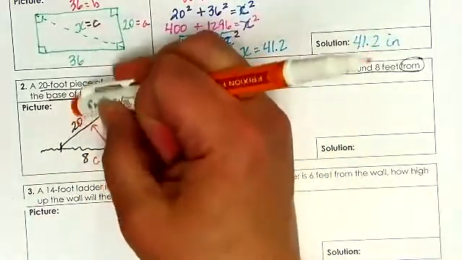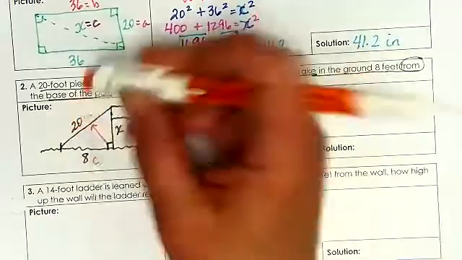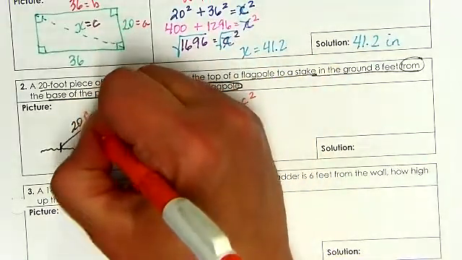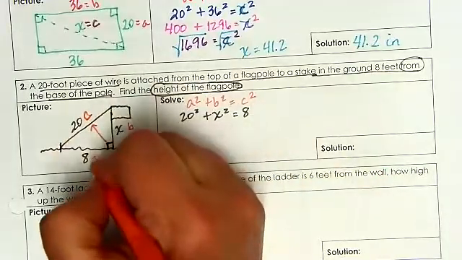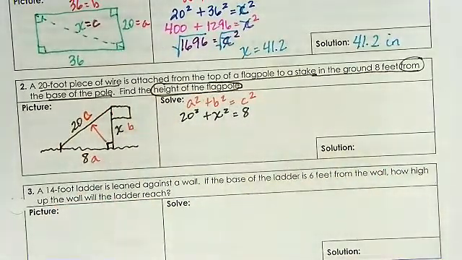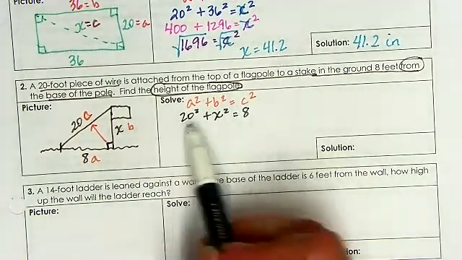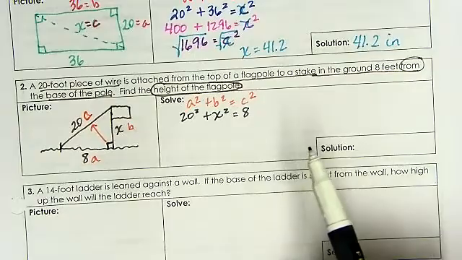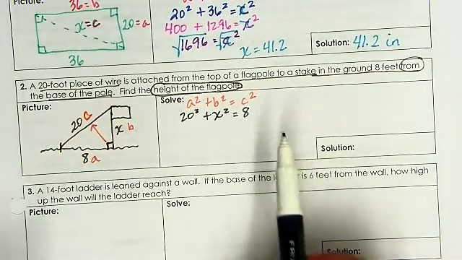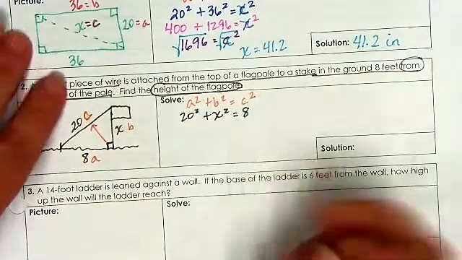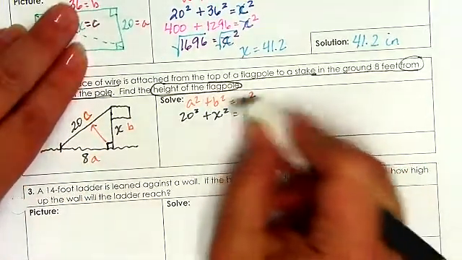This is supposed to be C. This is supposed to be A. Okay, so now that I caught that mistake, and the reason I caught it is because 20 is bigger than 8, and C is also always supposed to be the biggest number. So there's multiple ways that you can catch your errors. It's supposed to be opposite, and then it's also supposed to be the largest number in the C spot.